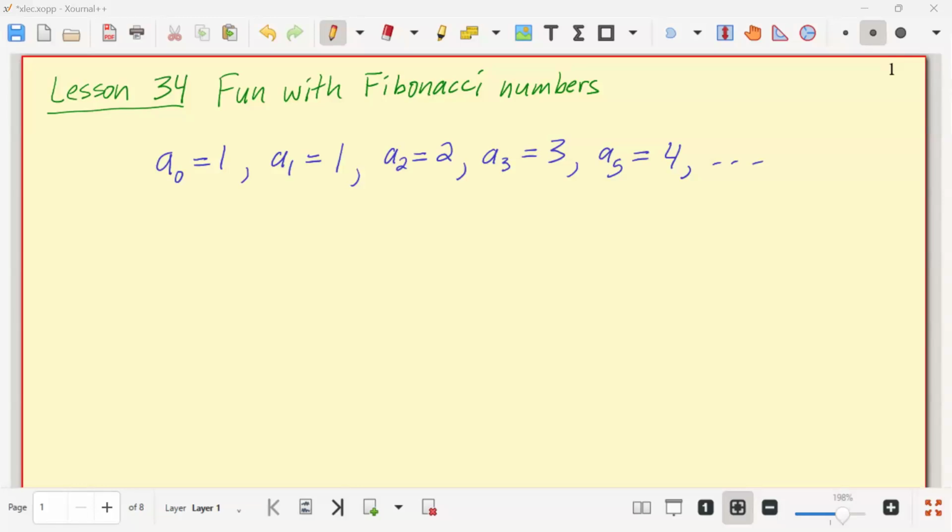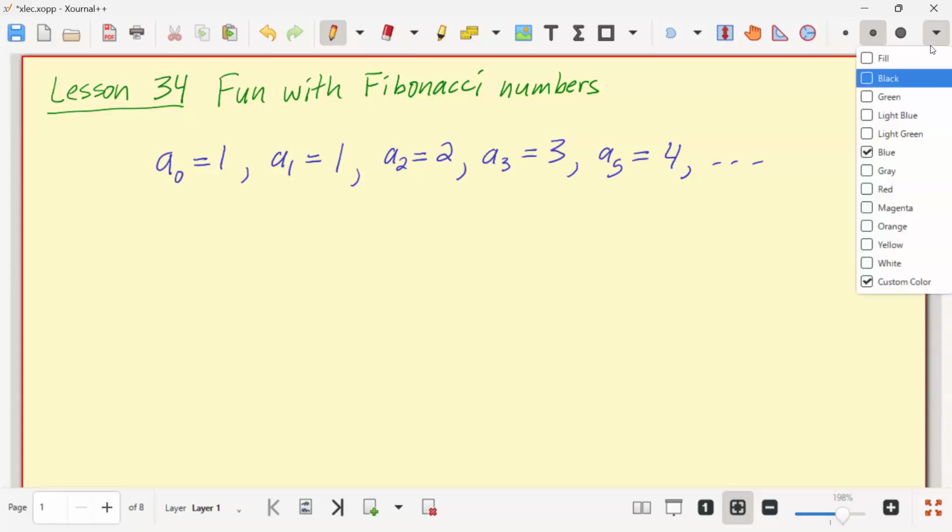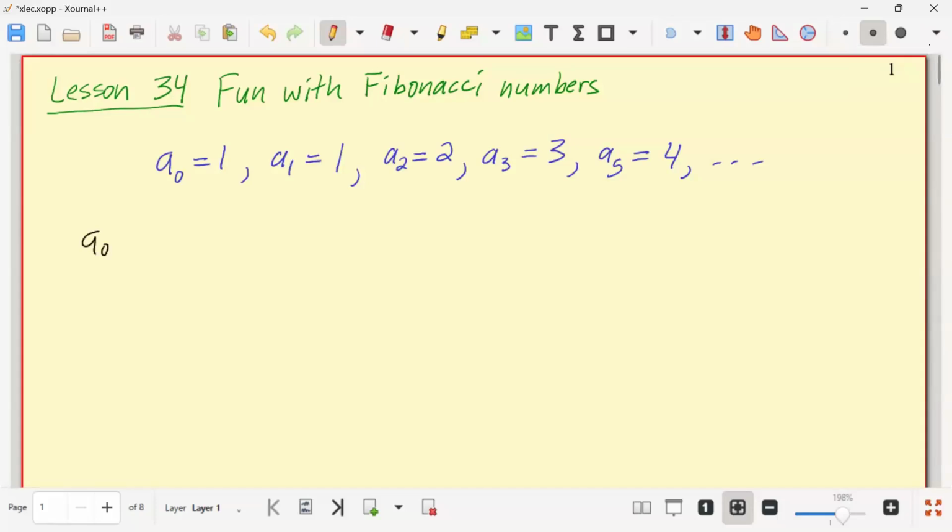So A2 is 2, A3 would be the sum of the previous two, which is 1 plus 2. So another way to say what they are is A0 equals 1, A1 equals 1, and then after that, AN is the previous one plus the one before that.